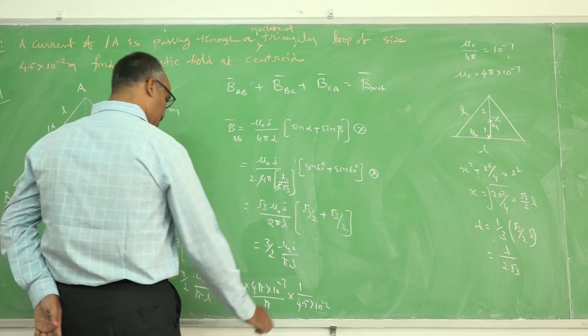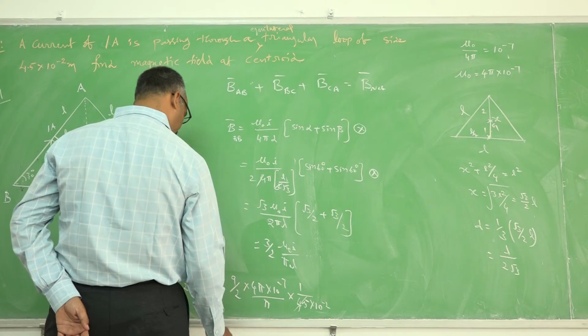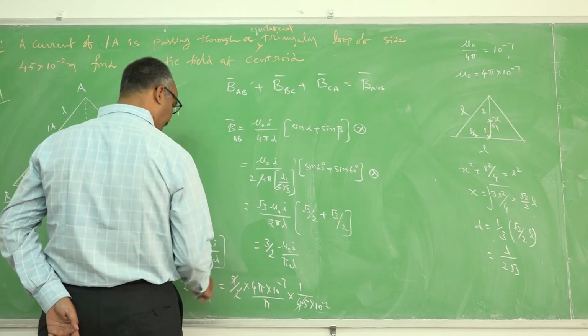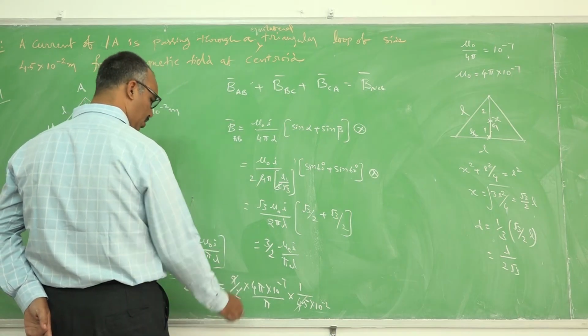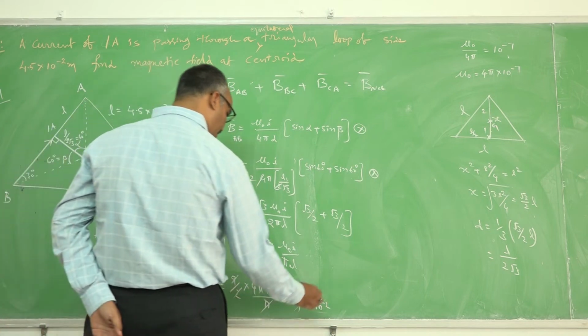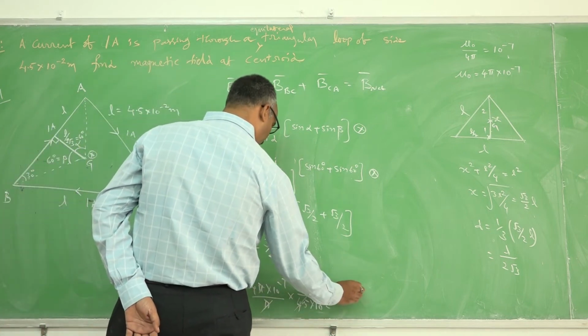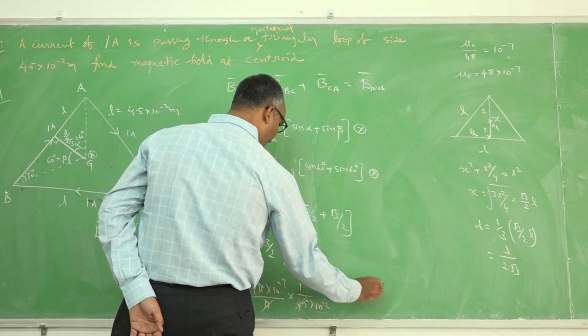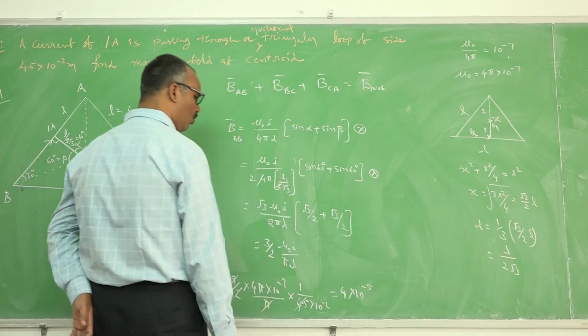So 4.5 into 2 is 9, and the 9 and these 2 get cancelled. Pi also gets cancelled. So you are left with 4 into 10 power minus 5.